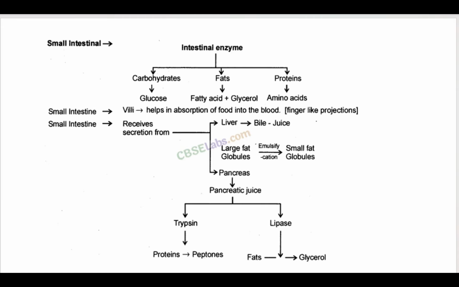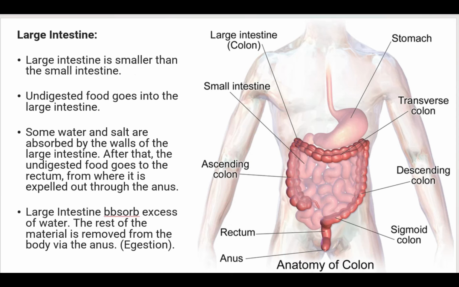The small intestine at the duodenum will receive secretions from the liver, which is the bile juice, which will help to emulsify the fat, and the pancreas will give pancreatic juice, which consists of trypsin and lipase. So trypsin will break down proteins into peptones or amino acids, and lipase will convert fats to fatty acids and glycerol.